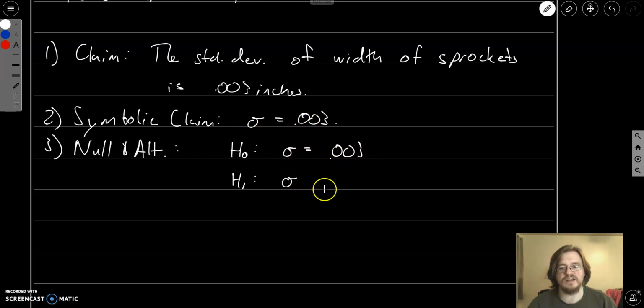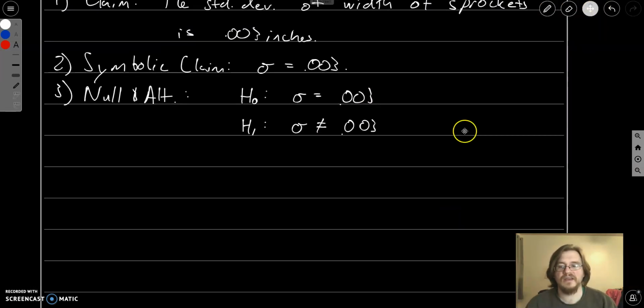We don't want an equal sign in the middle. We'll either want a less than or a greater than or not equal to. And in this case, we're not testing whether or not something is less than another value or greater than another value, just whether or not it's equal. So our alternative hypothesis should just be that the standard deviation is not equal to 0.003.